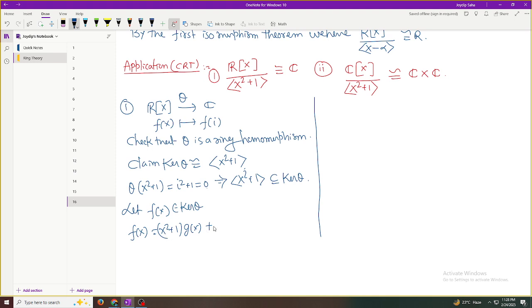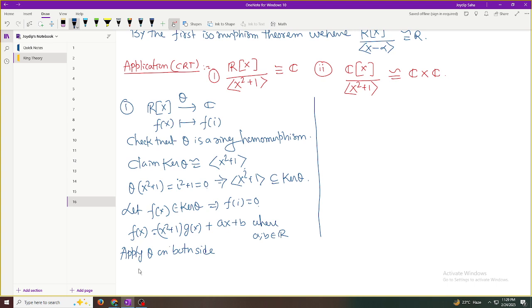This is second degree, so a linear polynomial should be the remainder, ax plus b, where a, b belong to R. It may be 0 both, then it is 0 remainder. Apply theta to both sides. You know that theta is a ring homomorphism, so this implies f(i) equals 0.